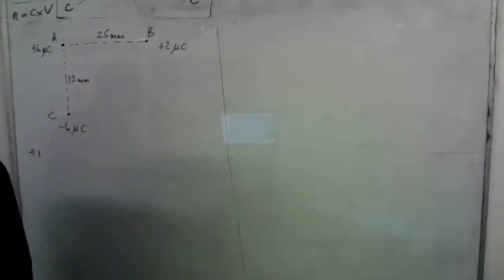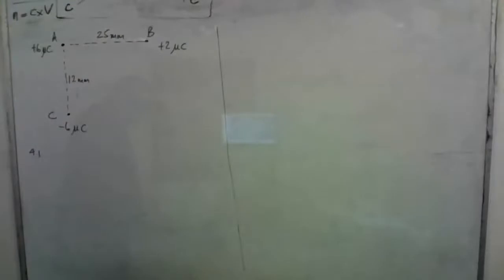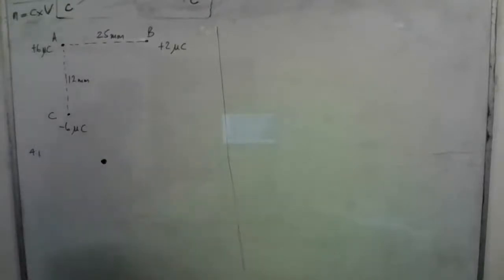Alright, so the first question asks us to draw a vector diagram showing all the forces acting on charge A. And note, charge A is at the right angle. Right, so your vector diagram. And the question carries 3 marks. And it says also indicate how the net force can be obtained.